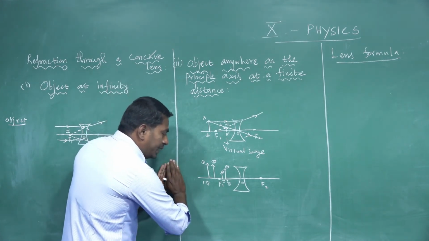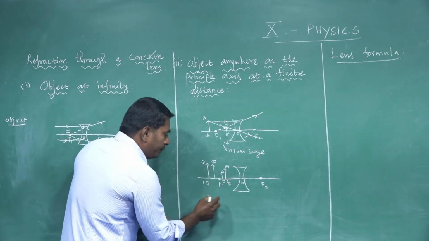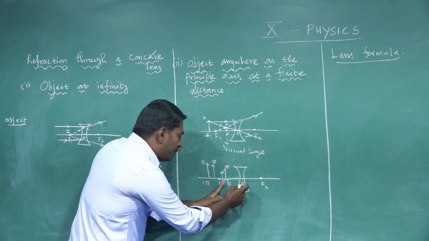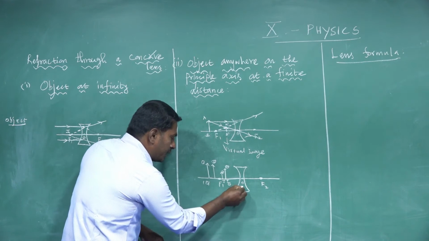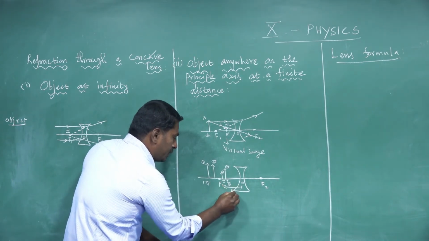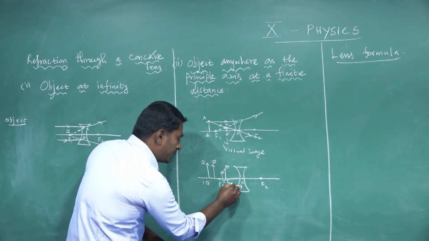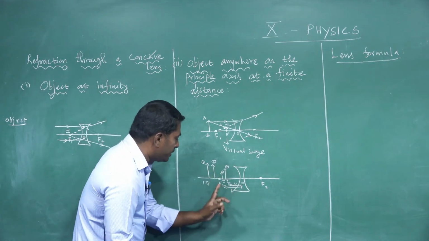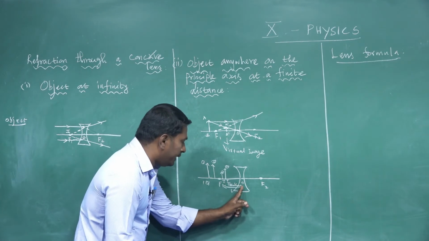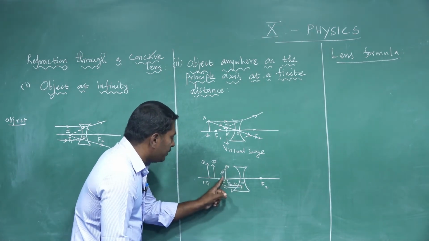When the object comes closer to the concave lens, the image distance is decreased. In the first case, see the image distance v. In the second case, see the image distance v. When the object comes closer to the concave lens, the image distance also decreases, but the image size will increase.